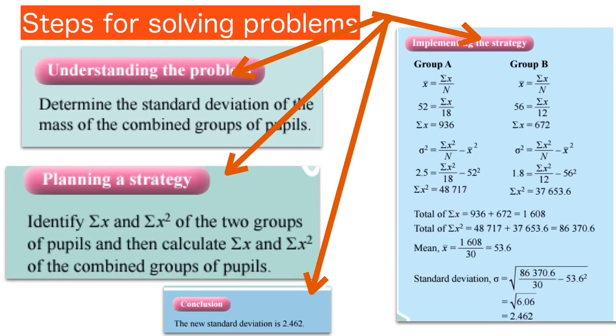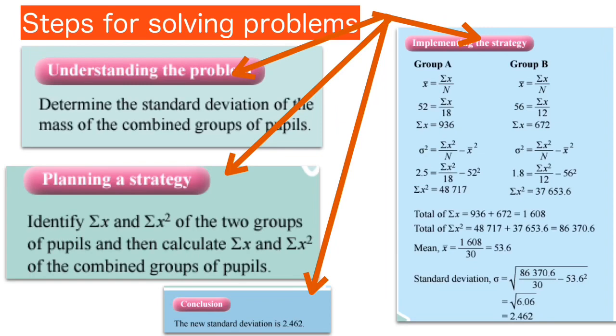That is the sum of data square for group A. For group B, we use variance 1.8 equals sum of data square over 12 minus 56 square. Hence, the sum of data square for group B is 1.8 plus 56 square, then times 12. Plus first before you multiply.